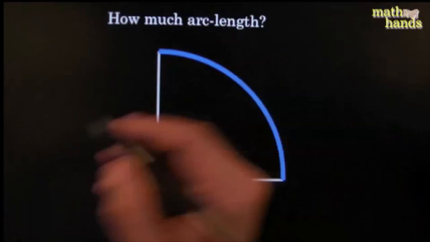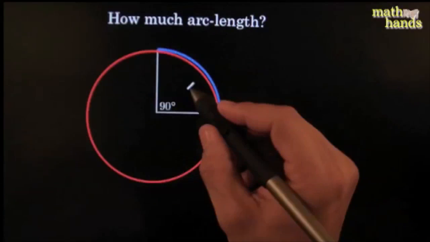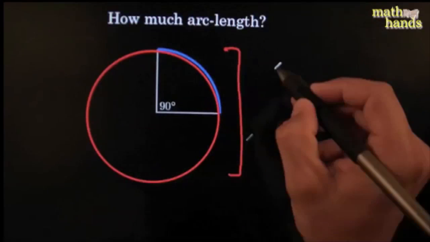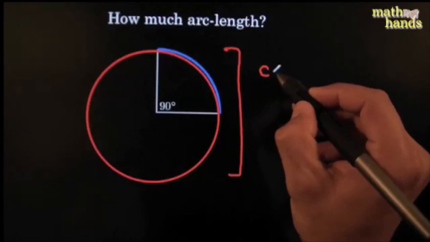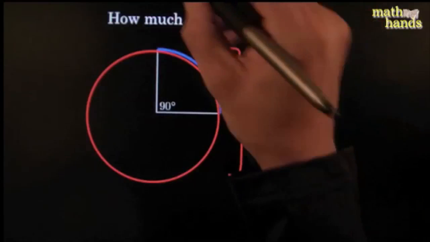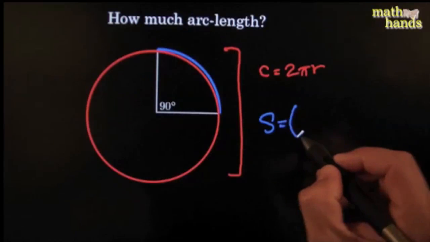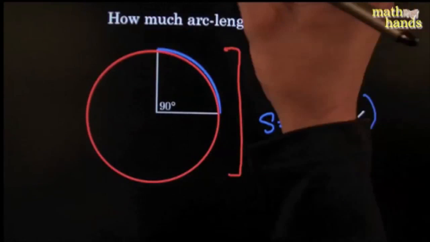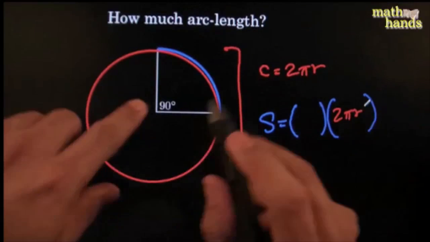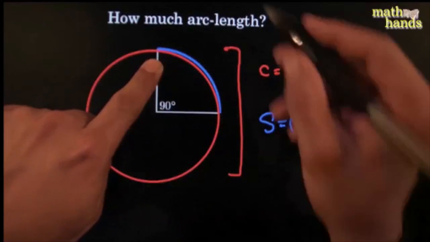And of course, pieces could be anything. If for this one it's 90 degrees, you would reason the same way. You'd say, all right, the whole thing, the circumference, is equal to 2 pi r, while the blue portion is just a certain portion of the entire circumference, which is 2 pi r. And then all you got to do is figure out what portion you have here.